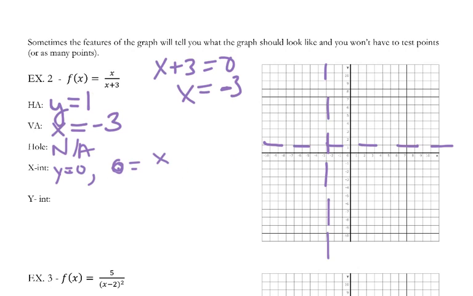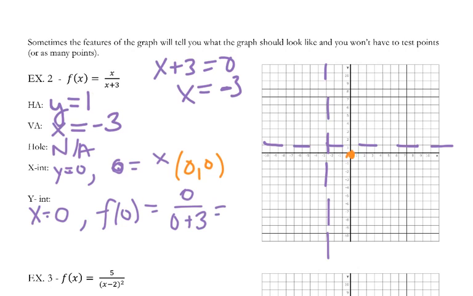So we have an x-intercept at 0, 0, at the origin. That's my x-intercept. Okay, for the y-intercept, we set x equal to 0. When we do that, we get f of 0 equals 0 over 0 plus 3. 0 over 3 equals 0. So our y-intercept is actually our x-intercept as well. It's the origin. Okay, we are ready to start graphing.